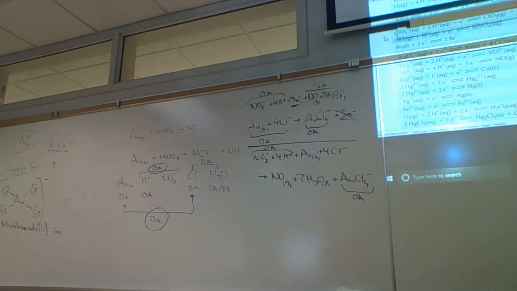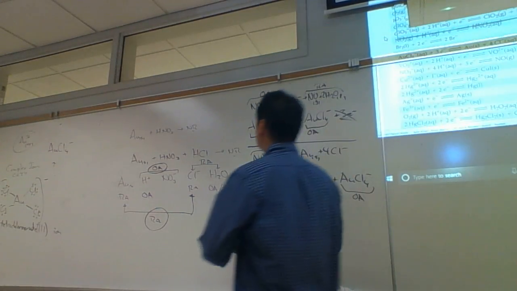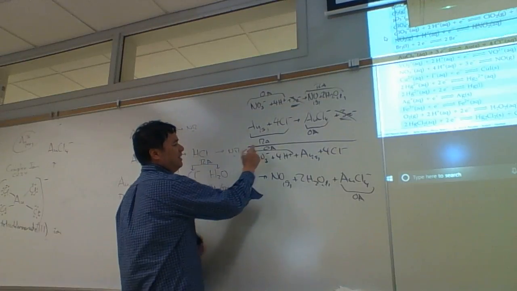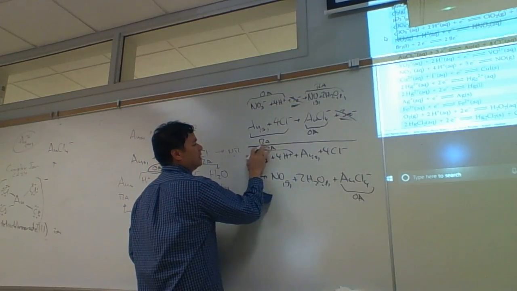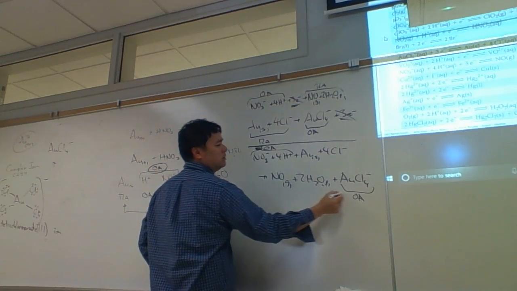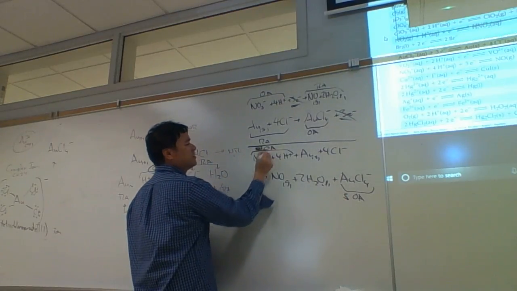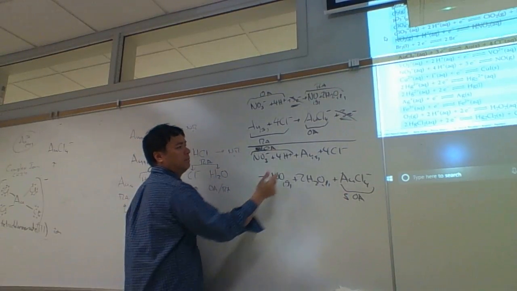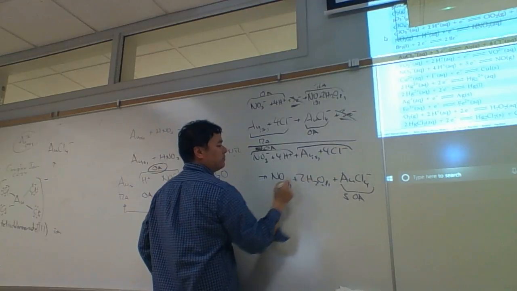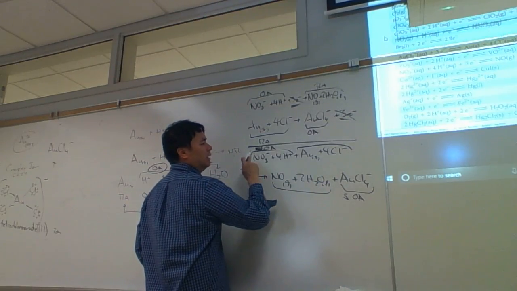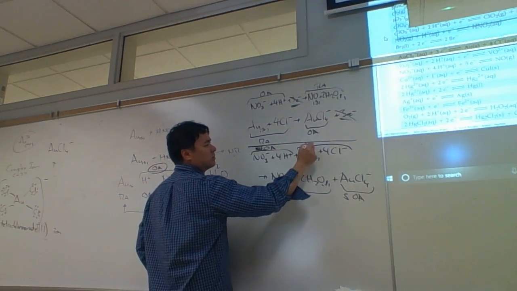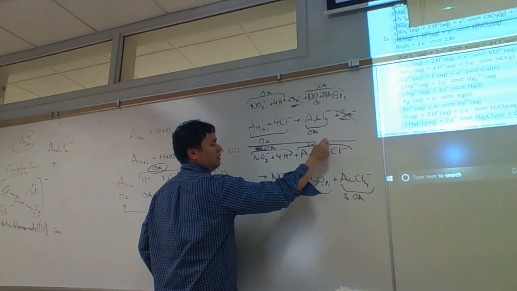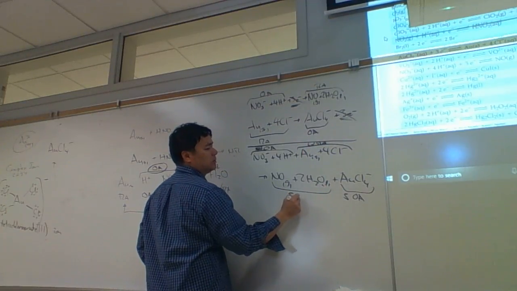Because of the conjugate relationship, if the oxidizers go like this, weaker and stronger, then the reducers have to follow the same pattern, unless I screwed up the oxidizers. So this must be a weaker reducer, this must be a stronger reducer.